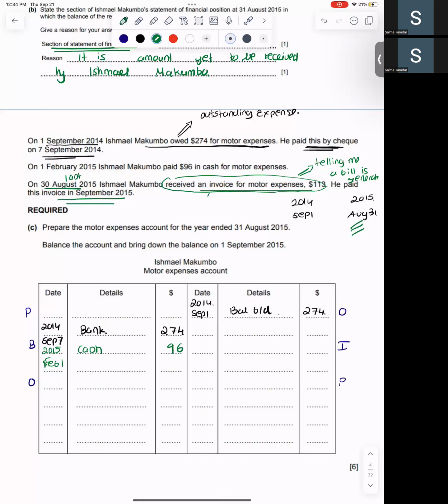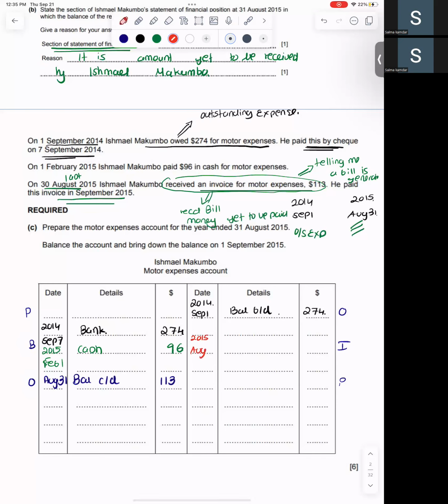That means I have received the bill, money yet to be paid. If money is yet to be paid, that means it is an outstanding expense. So I have an outstanding expense of 113. It will be balance closed down on the last date, that is August 31. How much is the balance closed down? It will be 113.